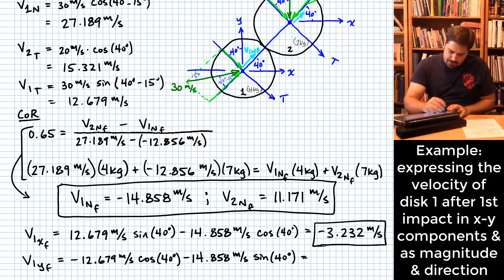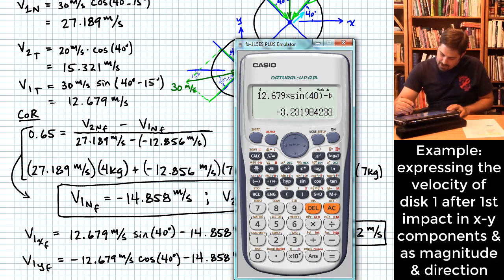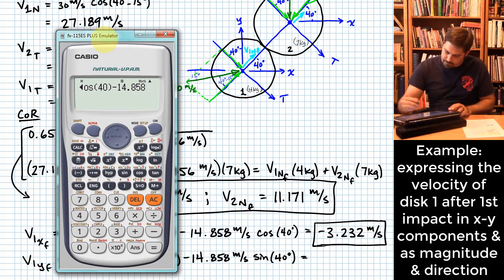All right, so let's punch those in. So I have a negative 12.679 times the cosine of 40, whoops, not plus, minus 14.858 times the sine of 40.